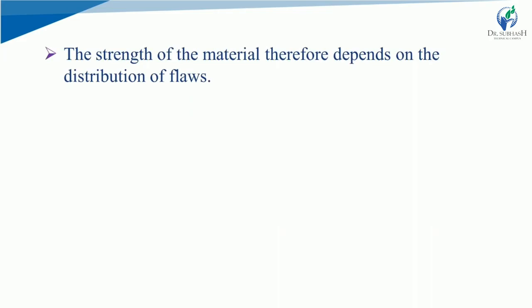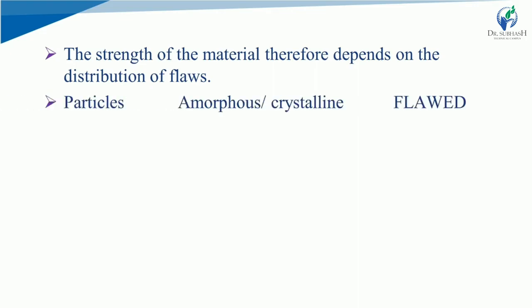The strength of the material therefore depends on the distribution of the flaws, and that is the only reason why particles have flaws. Now, particles that are amorphous, crystalline and flawed, we will see this second point after we continue our next portion, weak parts in the particles.